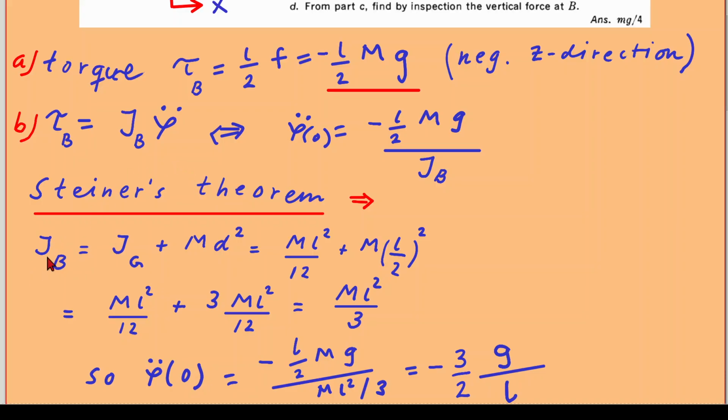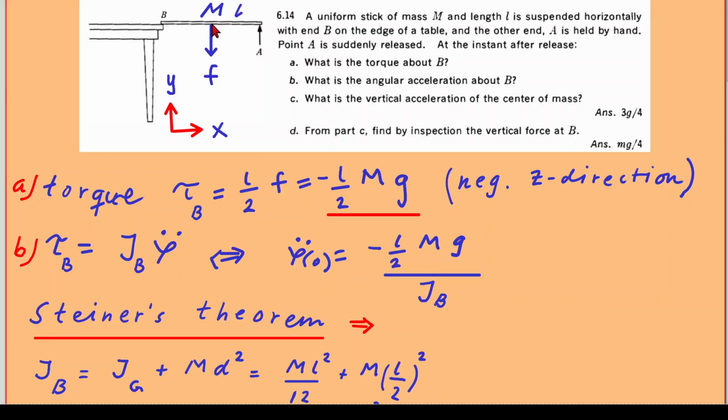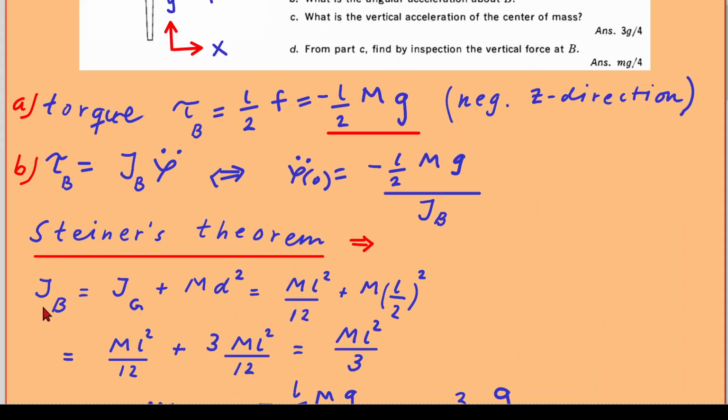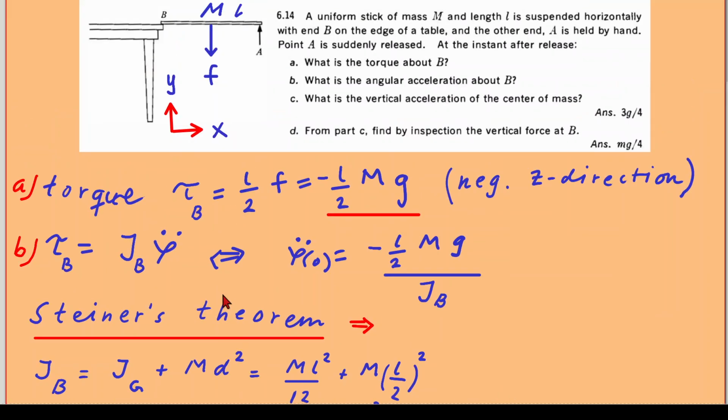It says for a parallel axis, if you think about an axis directed outward here, and then a parallel axis at B also directed outward. So for parallel axes, you have this fantastic rule that the moment of inertia with respect to B equals the moment of inertia with respect to the center of mass plus md squared, where d is the distance from the center of mass to the point B, which is L half.